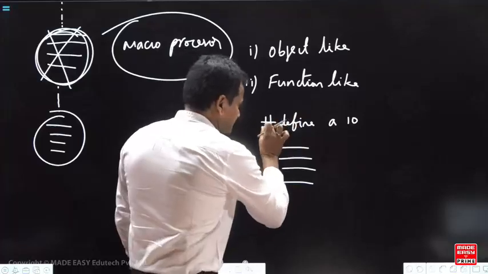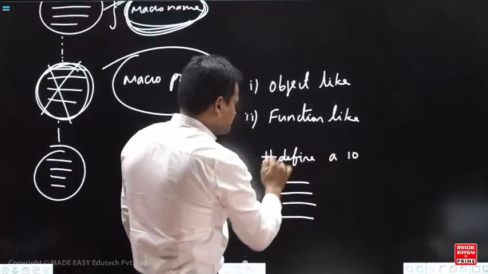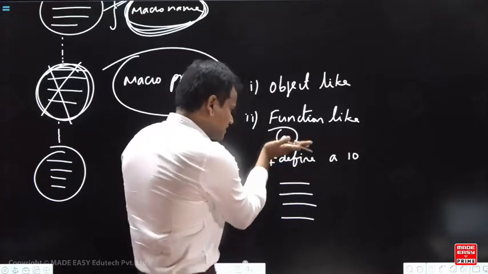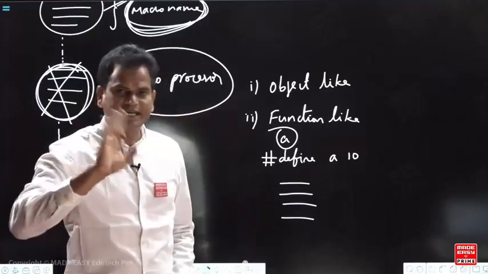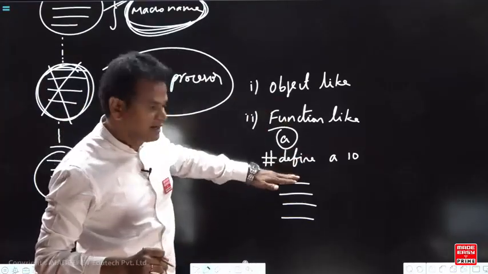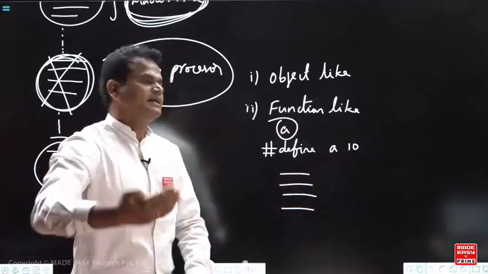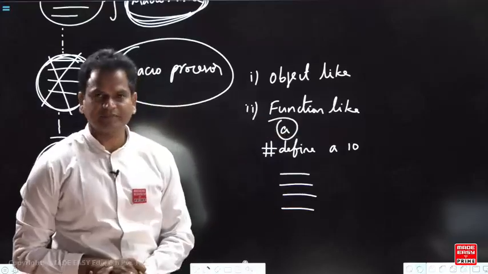Wherever you see #define A 10, if you are using A before this definition of the macro, that A won't be replaced with 10. Wherever you have defined it, after that, wherever A is there, that A will be replaced with the value 10, but not before this.